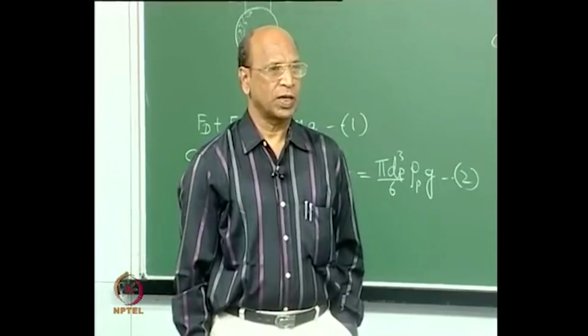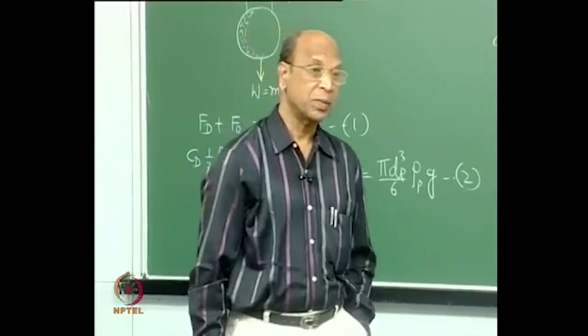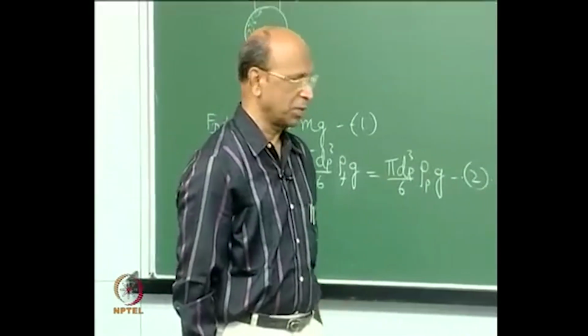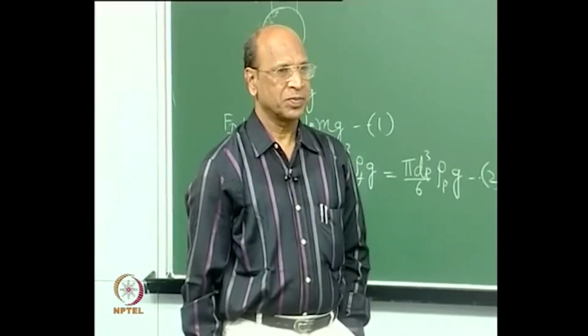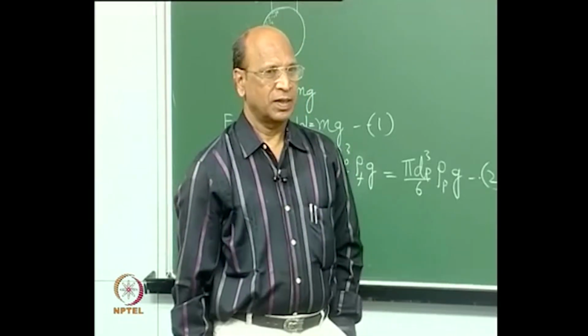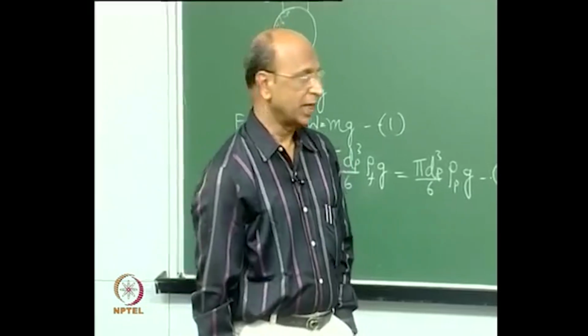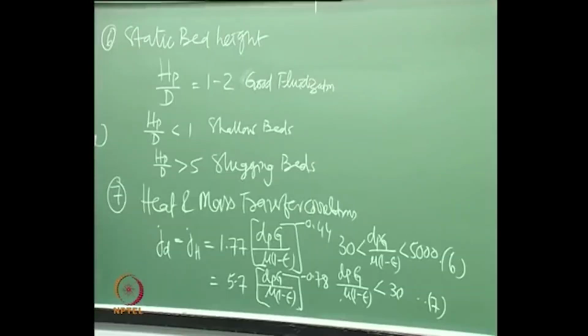What are the units of mass flow rate? Kg per second. You put kg per second and then try to get a dimensionless number. Mass flux. Okay, we also call it mass velocity sometimes, but it is mass flux. So, kg per meter square per second.